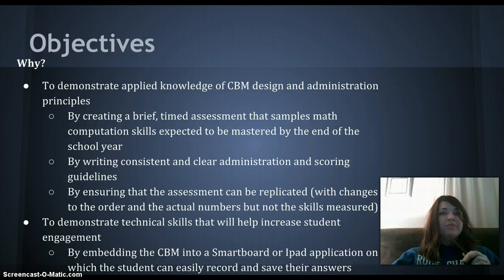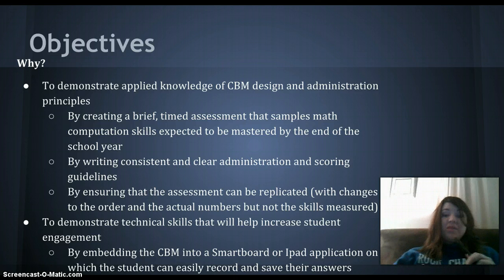Whether that be correct answer, just one for one, or some math CBMs count correct digits, which would be fine as well. Also, our college students, future teachers, need to be able to ensure that the assessment can be replicated, and that really piggybacks on the first two bullets there.